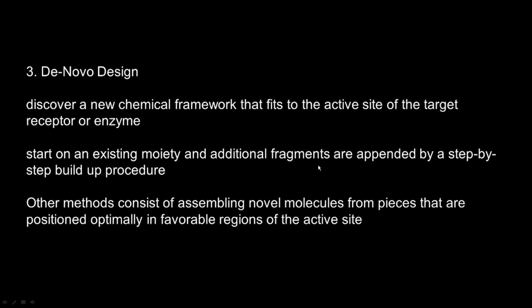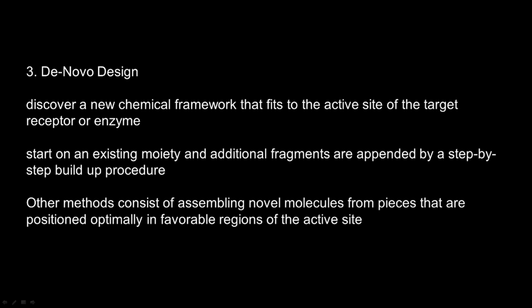When you add a particular group, it may increase the electrostatic interaction, or another group may improve the hydrophobic interaction, or create a good hydrogen bond donor capacity. That's called de novo design. So you start with an existing moiety and keep on improving, so that you get a better interaction between the newly designed ligand and the active site.